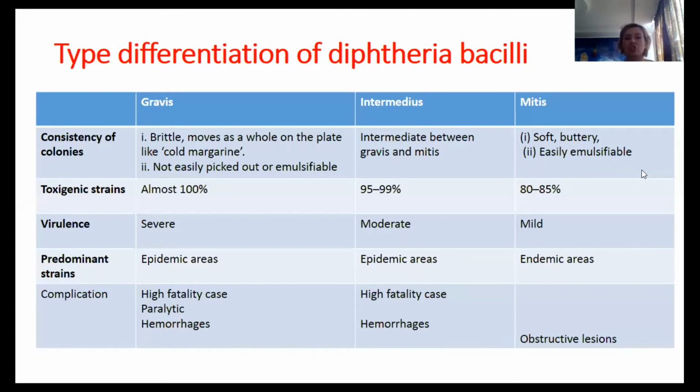Complications of this disease: if the diphtheria is caused by gravis, we can detect high fatality cases, paralytic cases, and hemorrhages. If we detect intermedius from the sick person, we expect high fatality cases and hemorrhages. Mitis is most characterized by obstructive lesions.